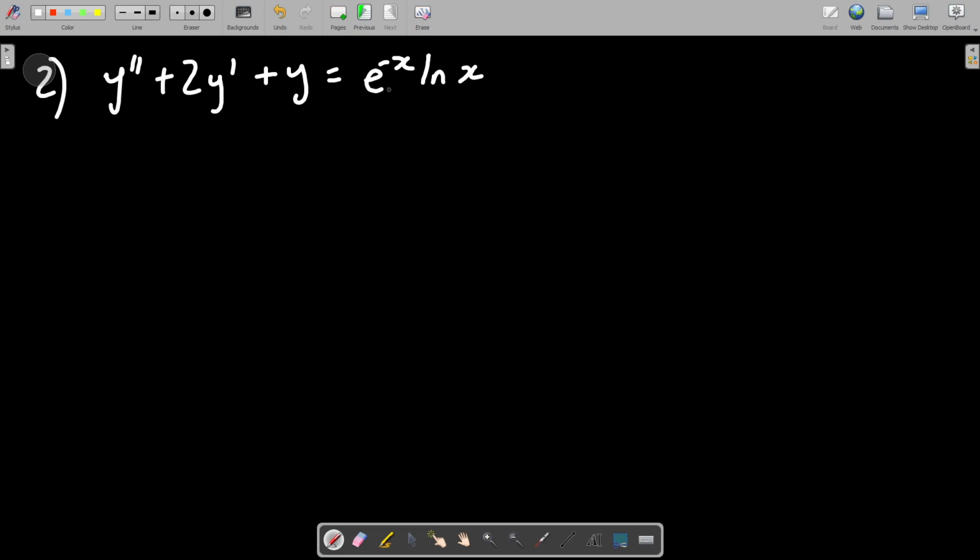Again, observe in this problem, your method of undetermined coefficients won't work here because I have not given you any formula to deal with such kind of right hand side problems. Okay, e raised to minus x we could have dealt alone with, but there is log of x over here, right? So we cannot deal with this using the undetermined coefficients method.